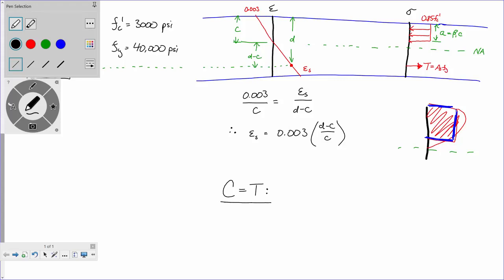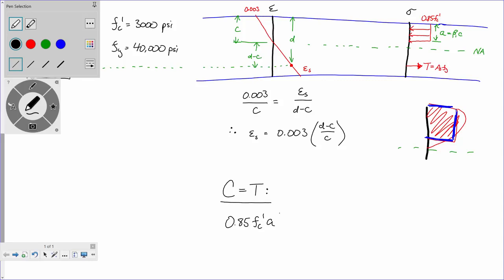what is the magnitude of my compressive force? It's my compressive stress times the area, right? So what's the stress? It's 0.85 f'c, right? Now that stress block is acting over a depth a, but it's acting across the entire width of the beam, right?